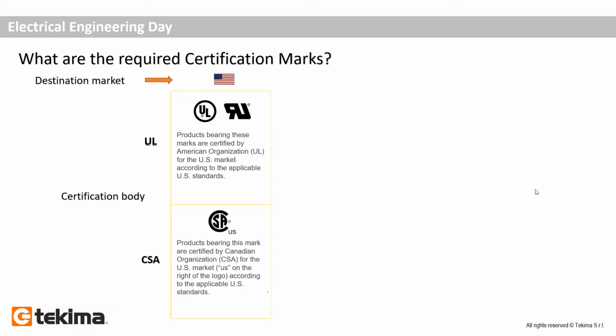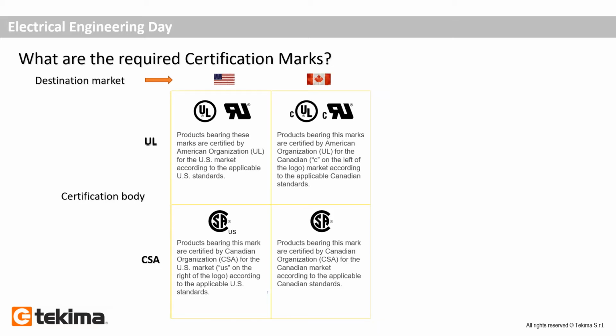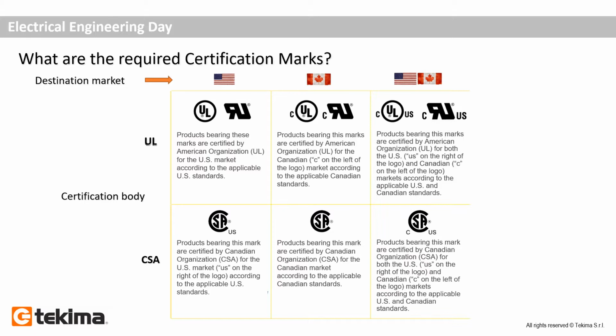So different marking from different bodies, but addressed to the same market. Same thing for the Canadian market. Are there any product marks that are compliant in both areas, USA and Canada?